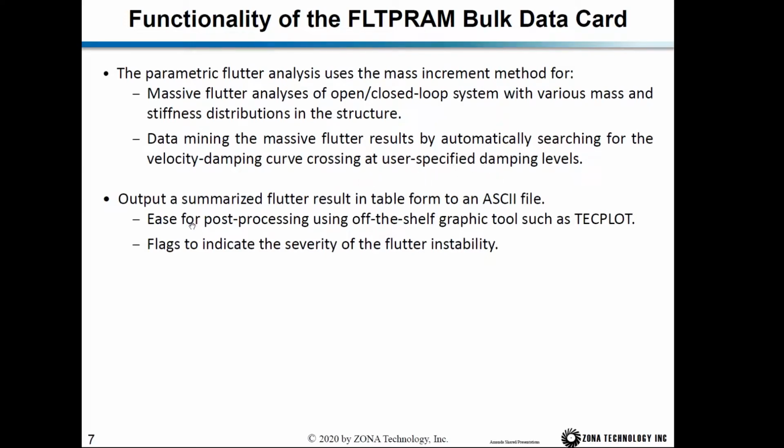The FVM module can output a summarized flutter result in table form to an ASCII file, so you can use an off-the-shelf graphic tool such as Tecplot for the post-processing, and also it will output flags to indicate the severity of the flutter instability.